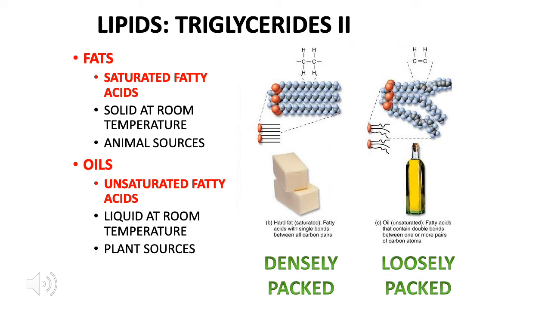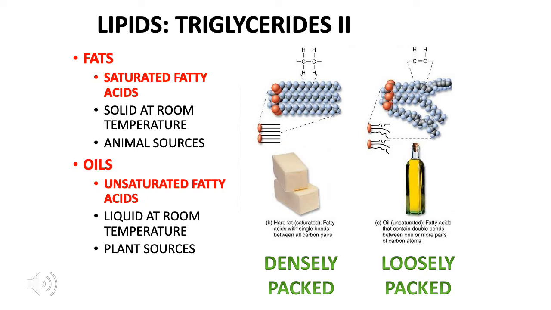Now, fats are what we would call saturated triglycerides because they're composed of saturated fatty acids. I'm understanding I can use that word saturated to describe the fatty acids, but I also can use it to describe the overall triglyceride molecule. At right, you will see a ball model of a saturated triglyceride.